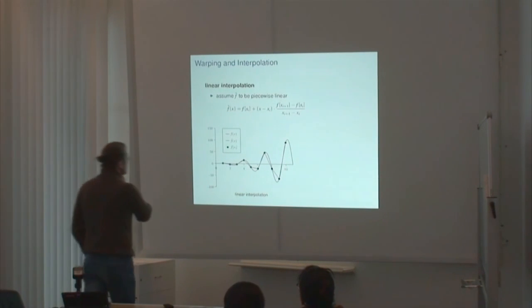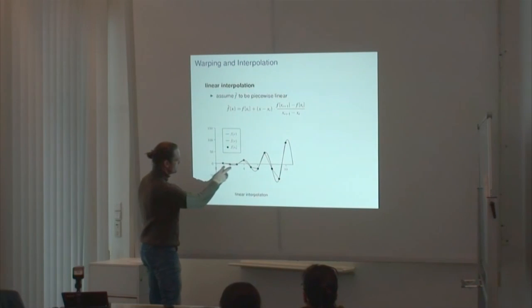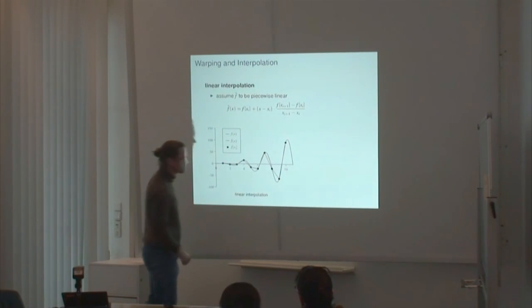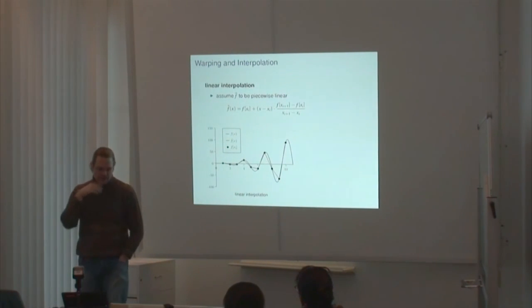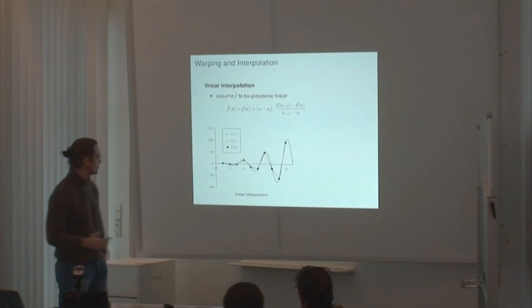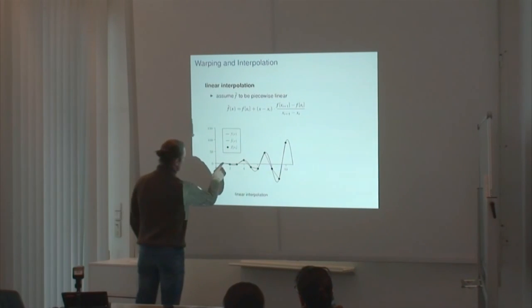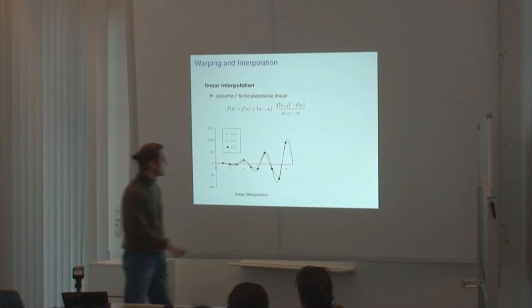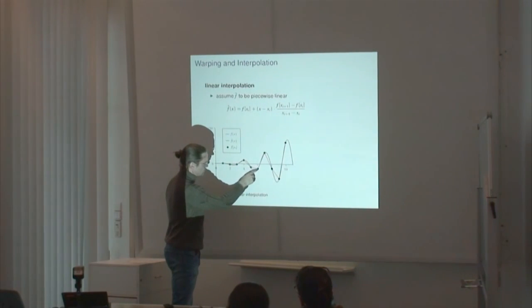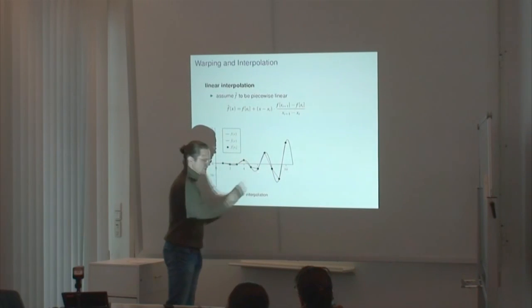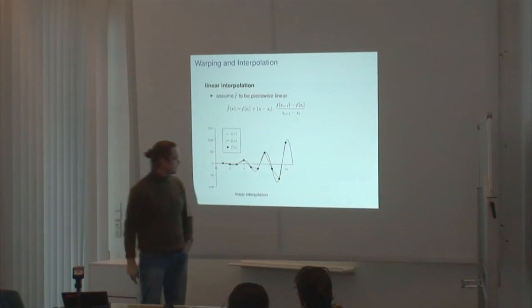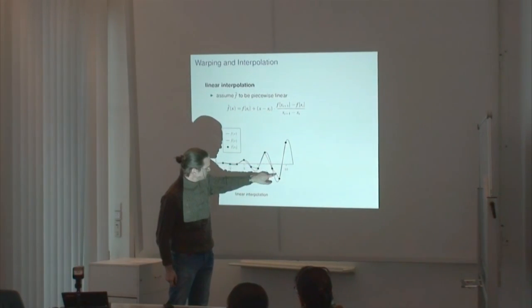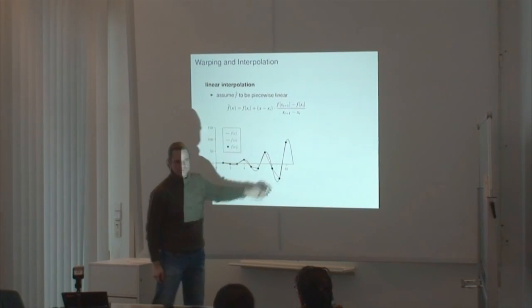Another idea could be to say that in between any two sample points, we interpolate the function in terms of line segments. Now we see there are these orange line segments, as we basically draw tiny lines from this point to this point, a tiny line from this point to that point, and so on and so forth, which of course would allow us to compute a function value here. It would be this point, this value, right?